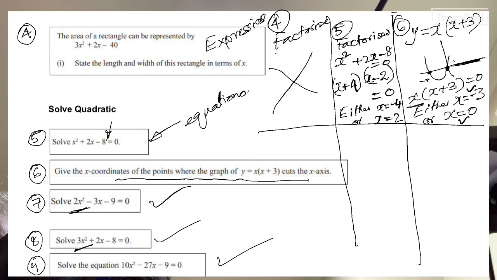The coefficient in front of x squared is 3, and this one, the coefficient is 10. So you should be able to do that using your method or the cross method. If you want to learn other methods, you've got to see me later on. Thank you.